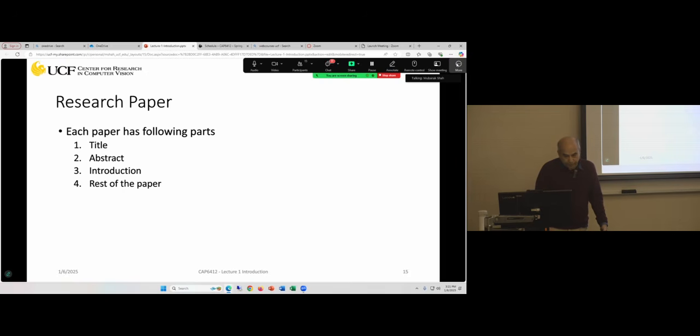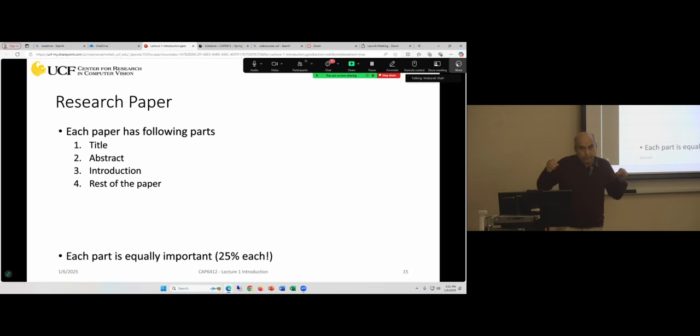Each of those four parts is equally important, which means you should spend a quarter of the time thinking about what the title of your paper should be. Because when you publish a paper, people look at the title, and if the title is confusing or very general, people don't know, and they're not going to read it.